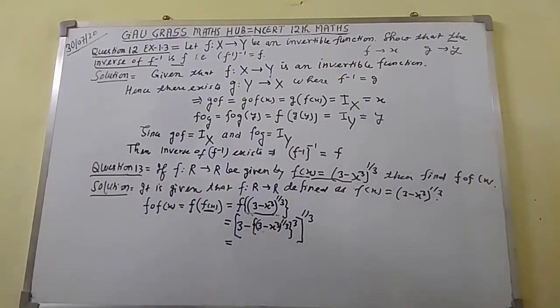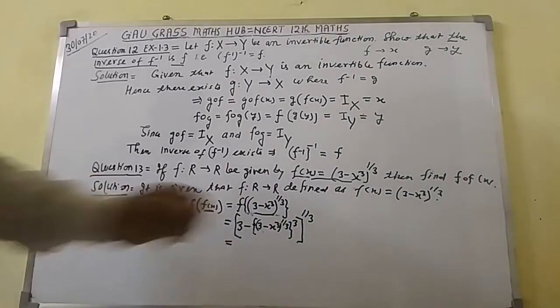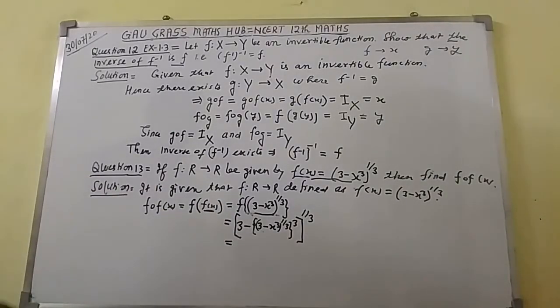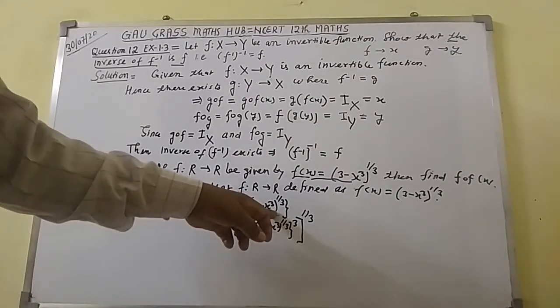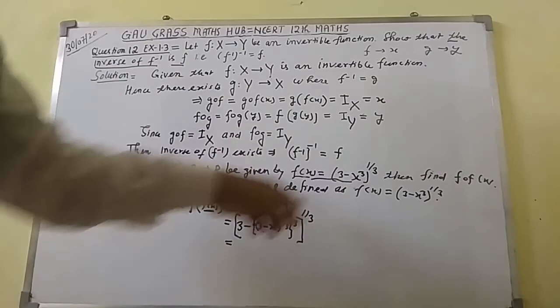So what to do next? Let us tally once again. In place of x, you can write this whole value.